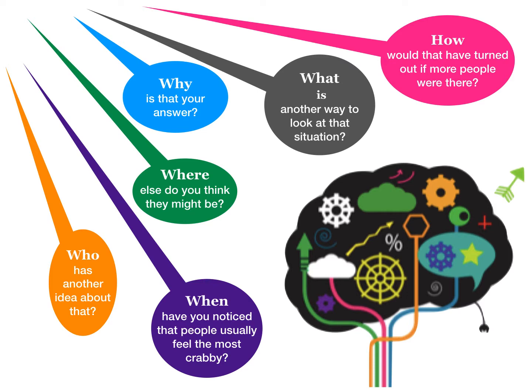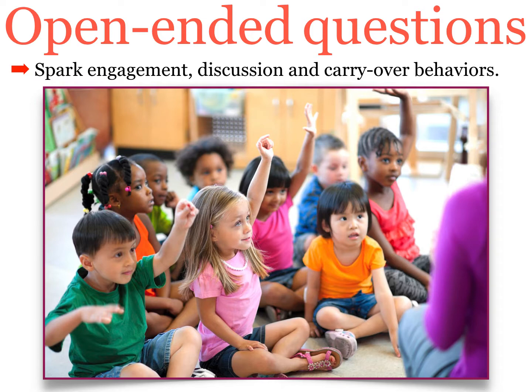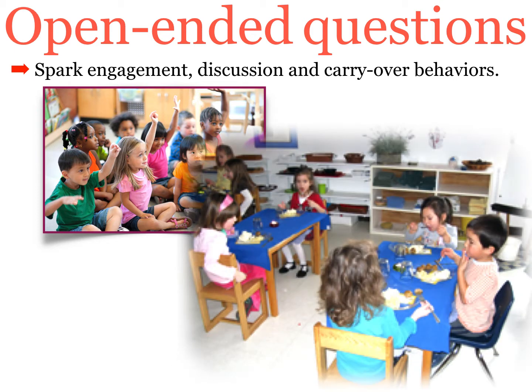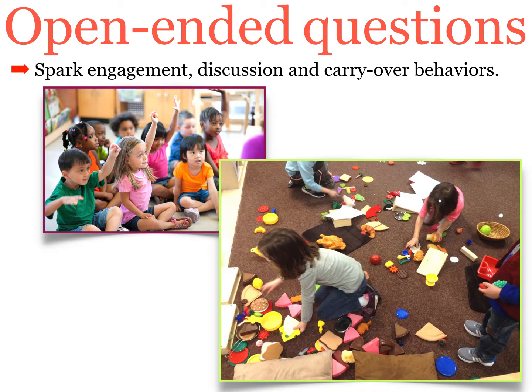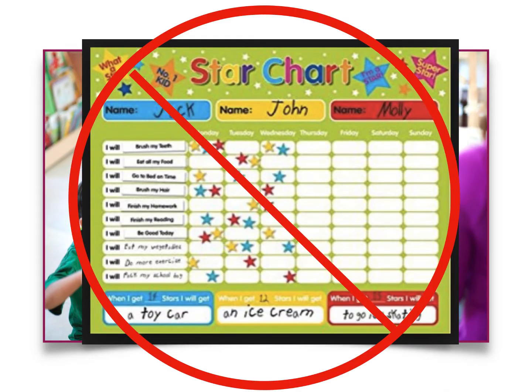Because ultimately, the intention of this approach is to spark engagement, discussion, and carryover behaviors onto the playground, into the lunchroom, even into cleanup time. Something that rewards charts are not capable of helping you to achieve so smoothly, so consistently, and with genuine student ownership for all the right reasons.